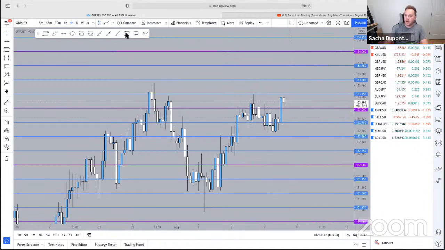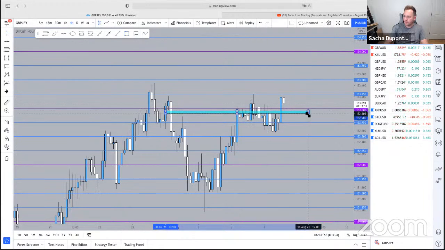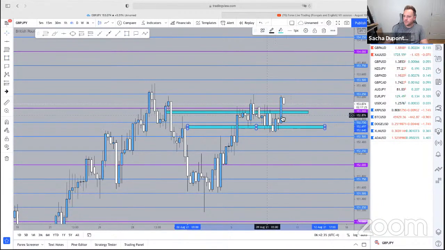All right, let's take a look at the 4-hour. All right, so 4-hour was in a range for a while. So this was the range. So basically, this was the range.